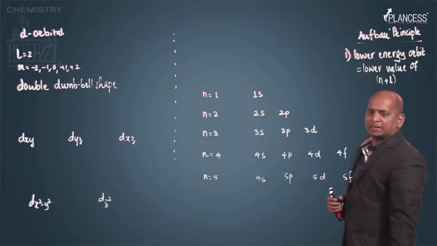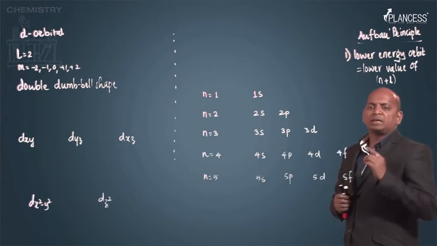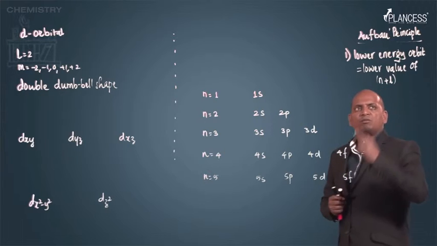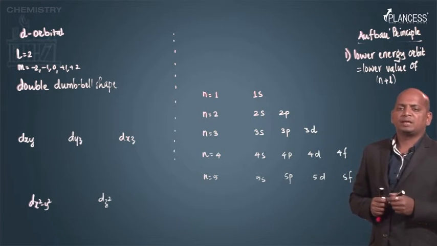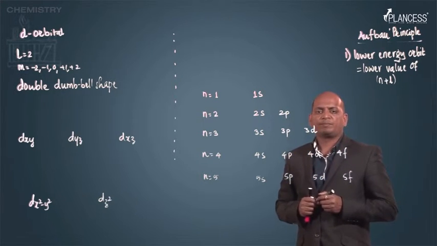So lower energy orbital equals lower value of n plus l. Electrons are added from lower energy to higher energy orbitals, that means in increasing value of n plus l.